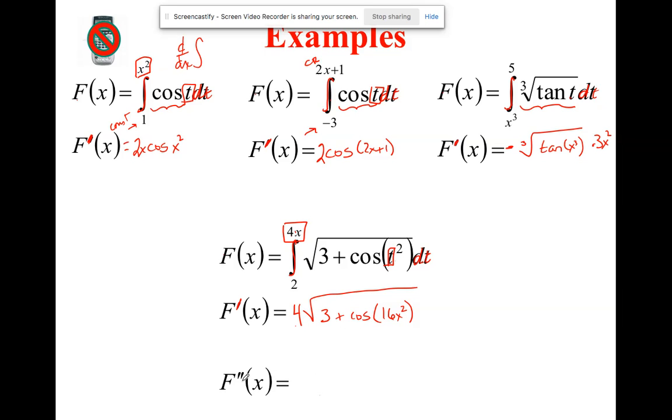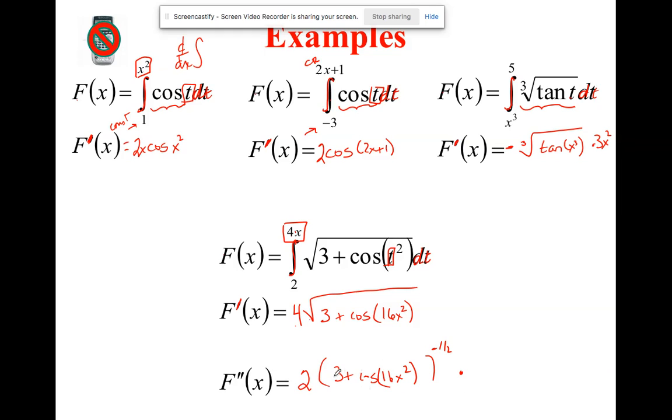What is this asking? Oh, this is just practice taking a derivative, right? So all of this is to the 1/2. So 2 times 3 plus cosine of 16x squared to the negative 1/2 times the derivative of the middle.